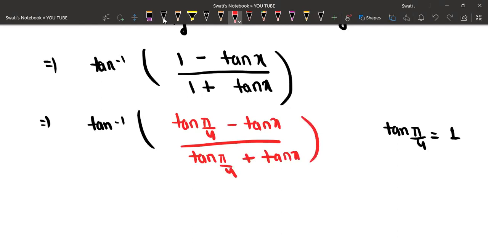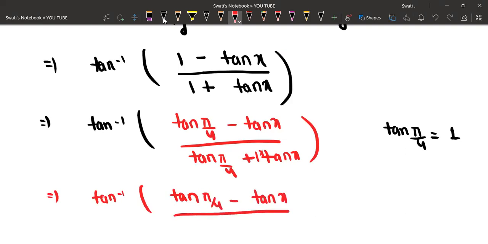Now here, in the place of tan x, if I multiply by 1, there is no issue, because 1 times tan x is tan x only. But that is going to be very helpful for me. So tan pi by 4 as it is minus tan x as it is.